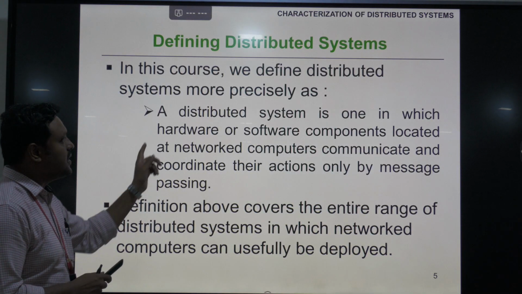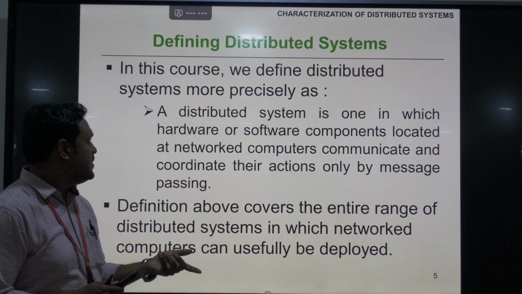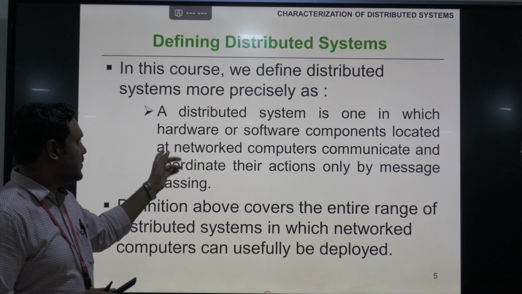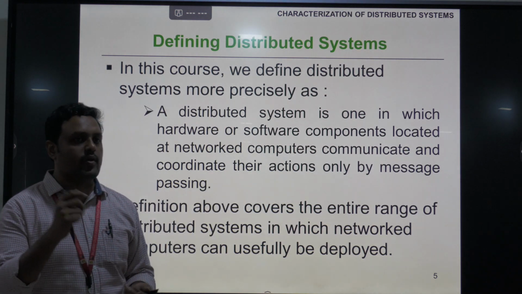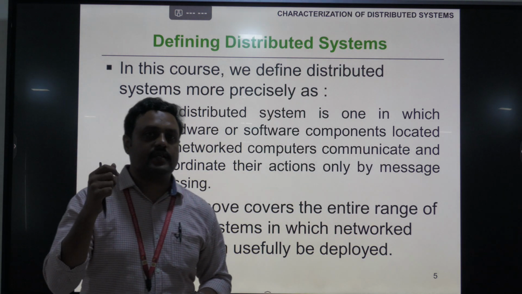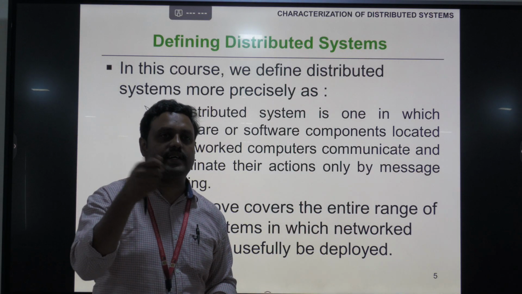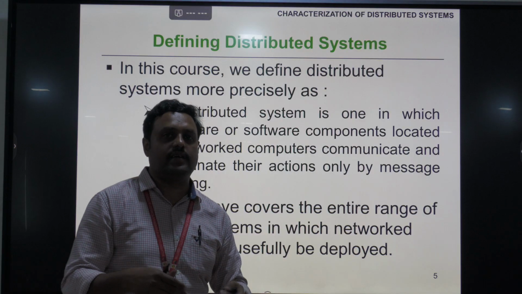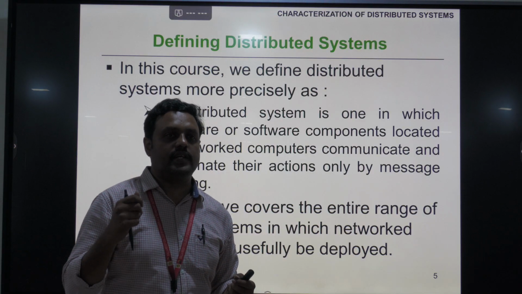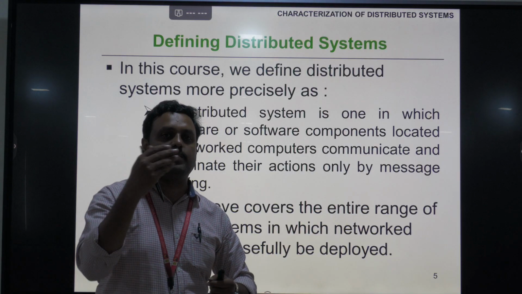So the hardware or software components are located at networked computers, which are connected all over the world with a connecting network. It may be internet or ethernet, whatever it may be, so that the data can be transferred.